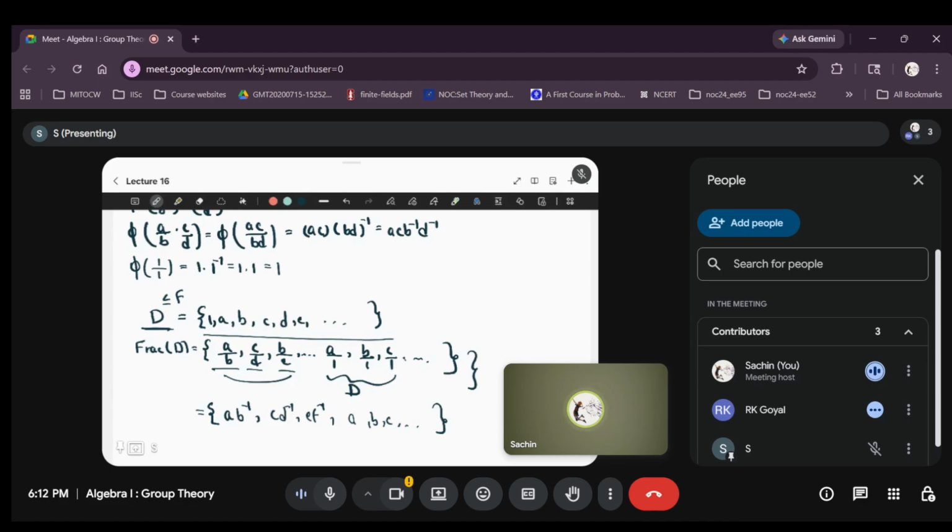So 1 will be in the subring. Then you can take all the elements into 1 inverse, which would simply be the element itself. So every element of D can be written in the form of AB inverse for some A and B. But there would be other elements also which do not lie in this subring D.